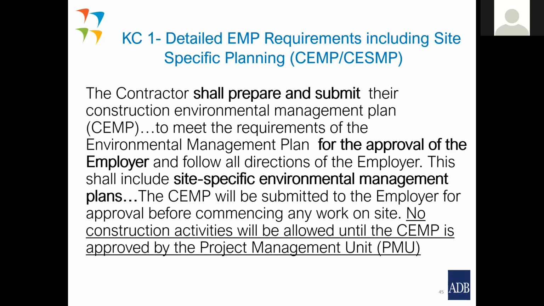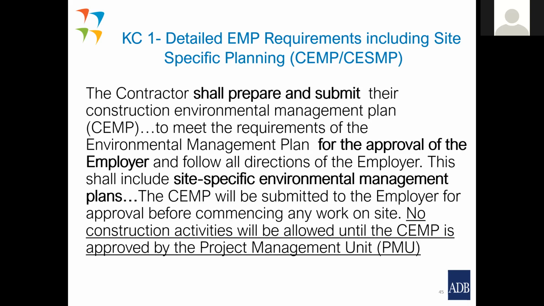This shall include site-specific environmental management plans. We'll get to that in a moment. The construction environmental management plan will be submitted to the employer for approval before commencing any work on site, and no construction activities will be allowed until the CEMP is approved by the project management unit.